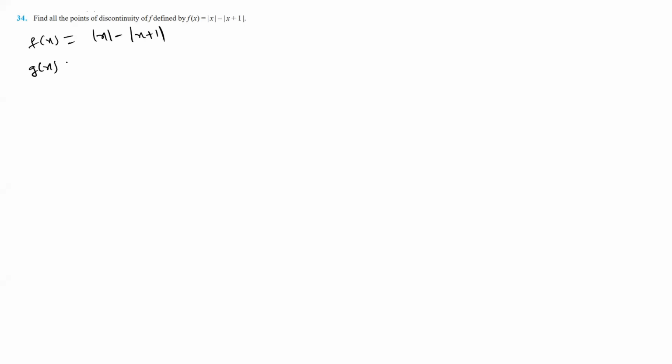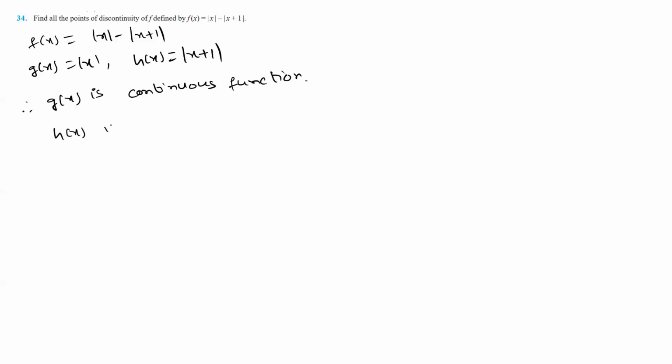So g of x is equal to modulus x. You can take h of x is equal to modulus of x plus 1. Therefore, g of x is a continuous function, because we have proved so many times that modulus x is a continuous function. And h of x is also continuous only.